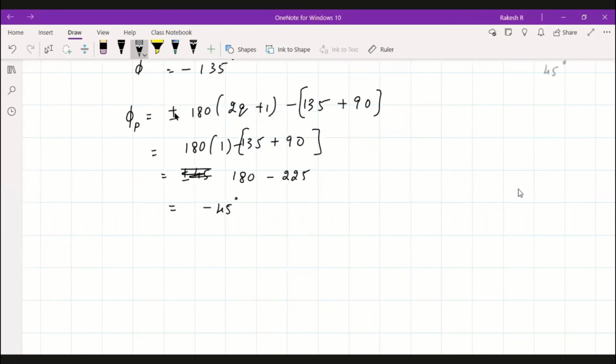Plus will be for the above pole, minus for the below pole. Both are symmetric, so this will be plus 45 and this will be minus 45 here.